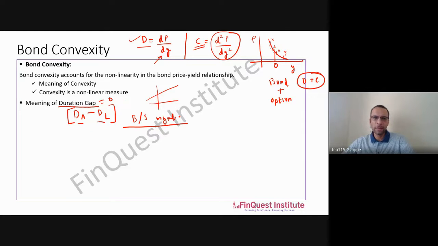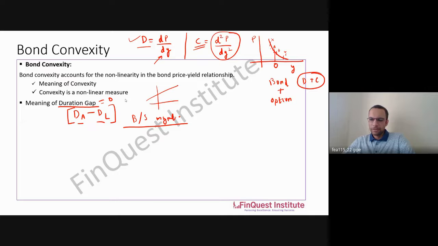You cannot have the gap be zero, but you try to bring this gap to the lowest possible value, because the lower this gap, the better you are managing your assets and liabilities position. And whenever that is the case, your funding gaps or funding mismatches are under control.